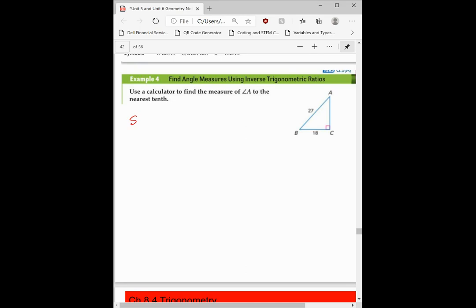So we have sine of A is equal to opposite over hypotenuse, which is 18 over 27, which is 2 over 3. In order to find A, we have to use the inverse sine. So sine inverse of 2/3 is equal to A.